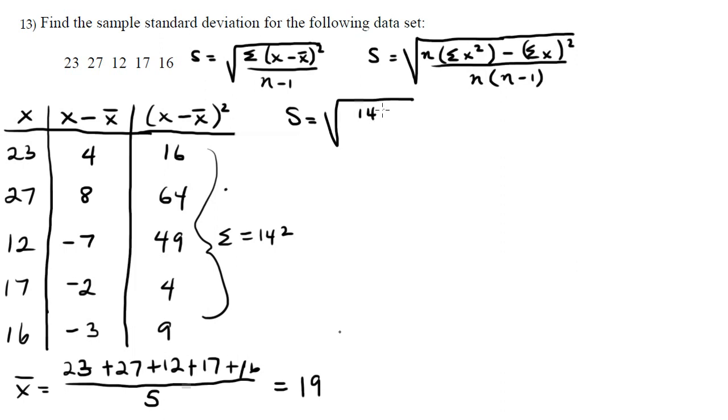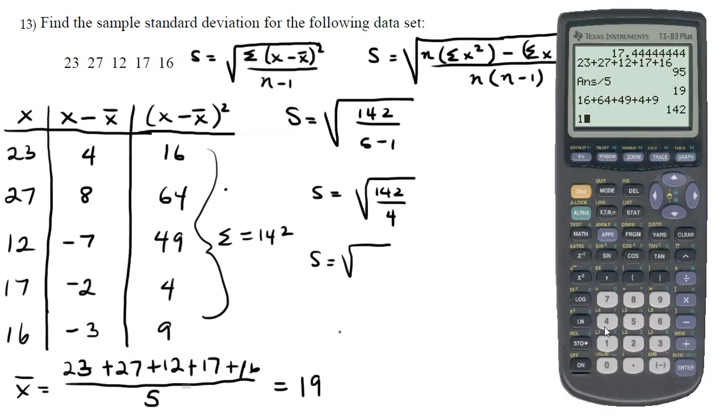So 142 is my numerator, divided by 5 values, 5 minus 1. So the standard deviation should be 142 divided by 4. Standard deviation is 142 divided by 4.